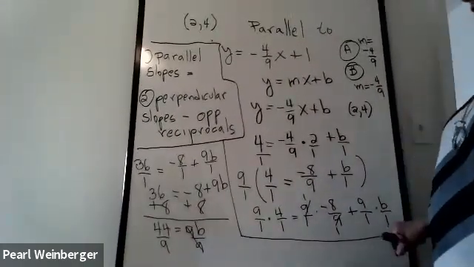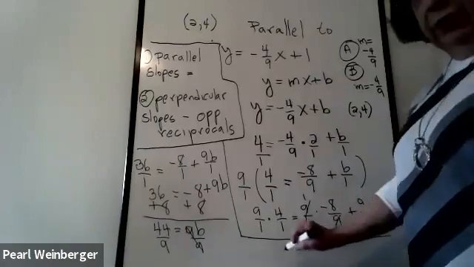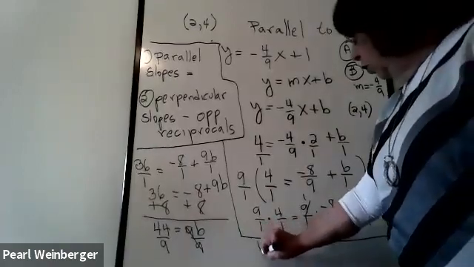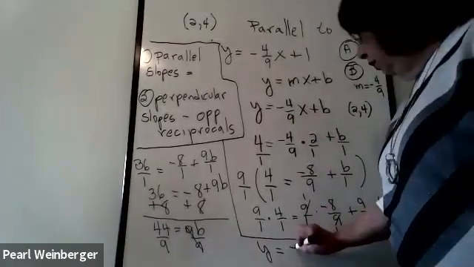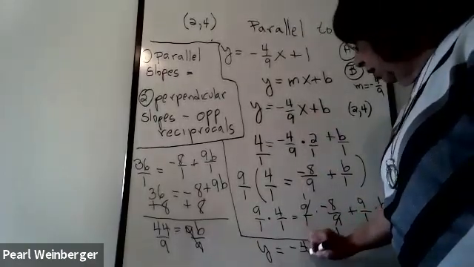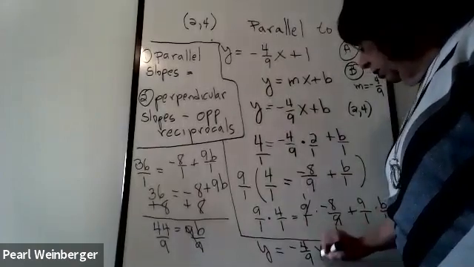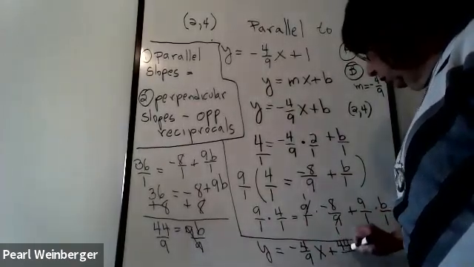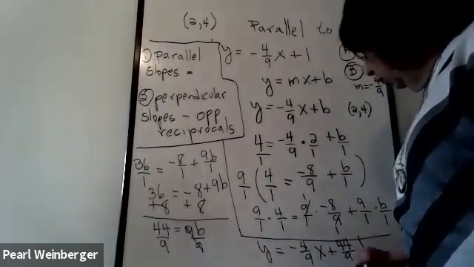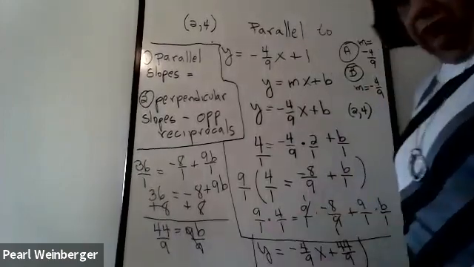So if I look at this, the final answer becomes y equals -4 over 9x plus 44 over 9. And that's your answer in y equals mx plus b form.